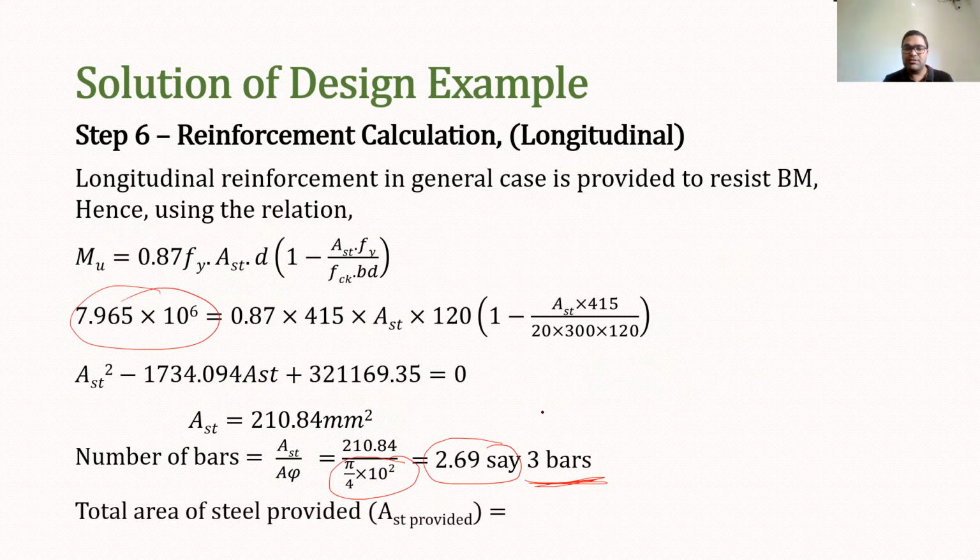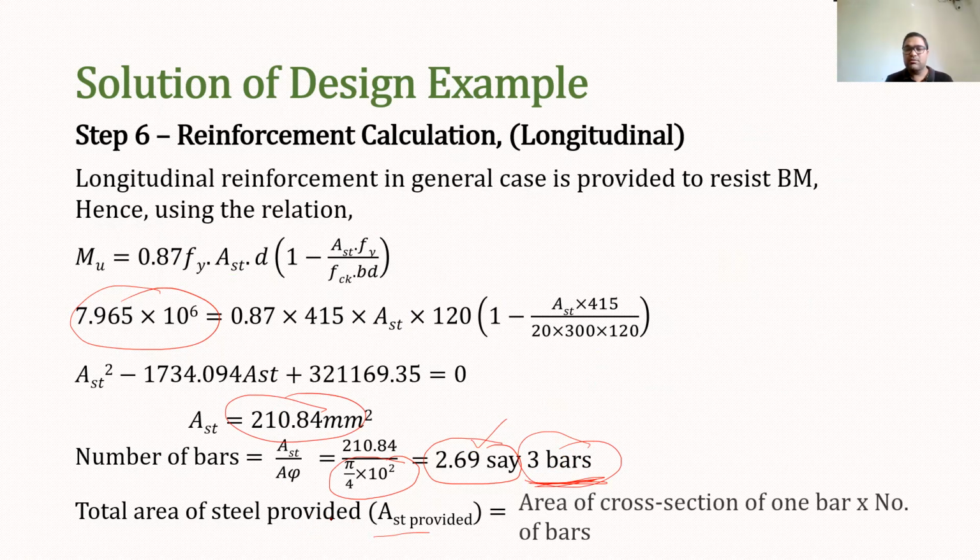Now, as you can see, we have increased the area of steel in terms of bars, because we required 2.69 bars, but we are actually providing 3 bars, which means the area of steel provided will be higher than the required value. So this one is the required value, and the steel that we are providing is considered as Ast provided.